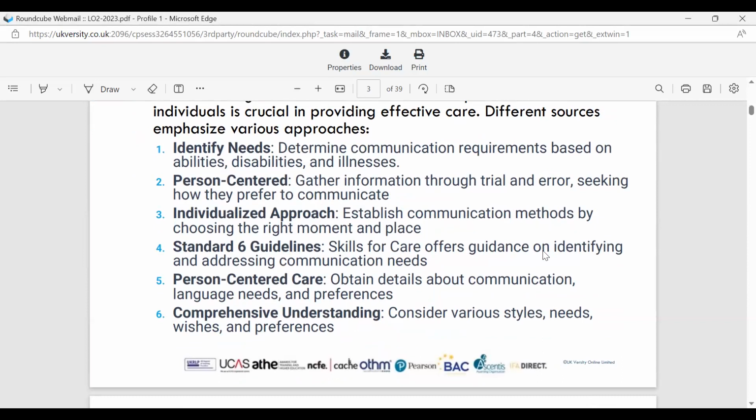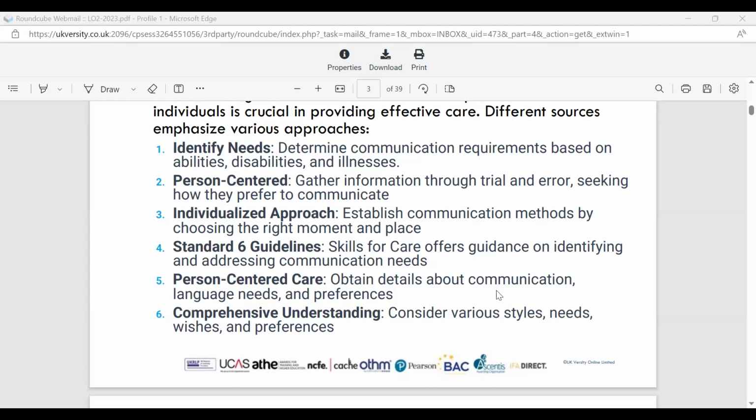Because that's when you will be able to provide the care the person needs. Yeah, you're able to know and provide the care the person needs. And you're able to identify if the person's got any sort of disabilities or any illnesses. Person-centered, this is to gather information through trial and error, seeking how they prefer to communicate.